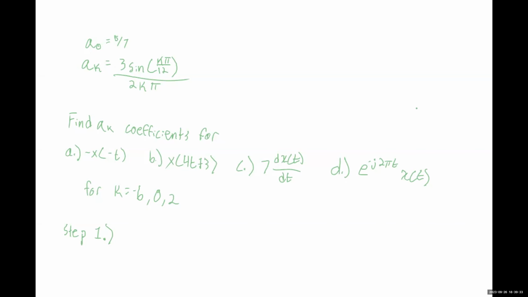Step 1 is to find our a k values using the given equation. So I'm going to have to go to a new page. Does it get rid of all that? It does.